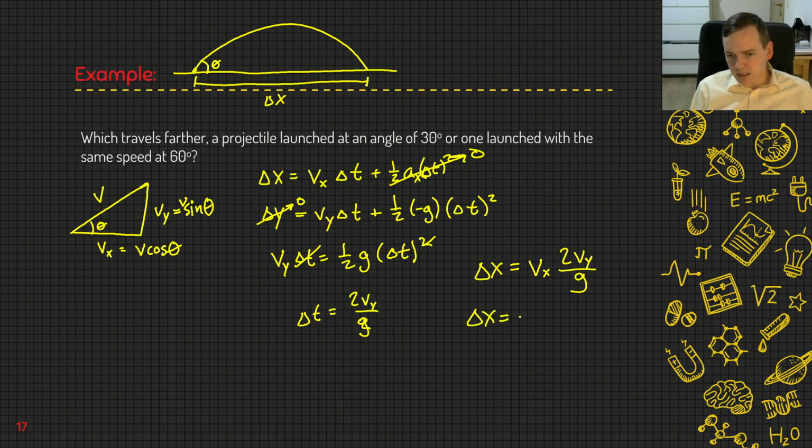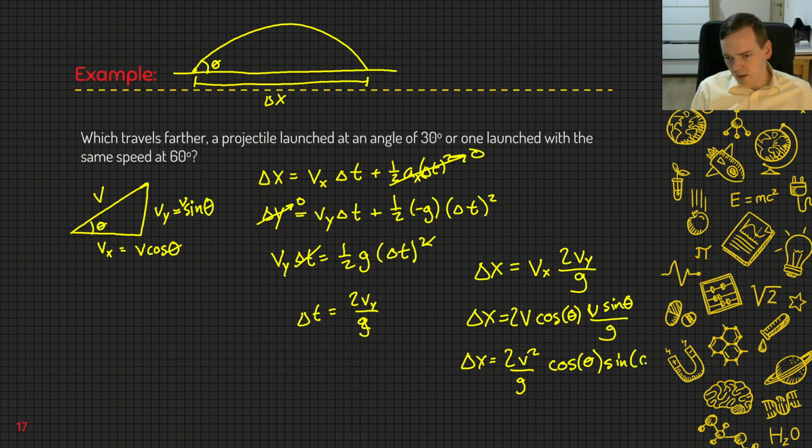Delta x is equal to v cosine theta and then v sine theta over g, and I'll pull the 2 out front. So delta x equals 2 v squared divided by g times cosine theta sine theta.